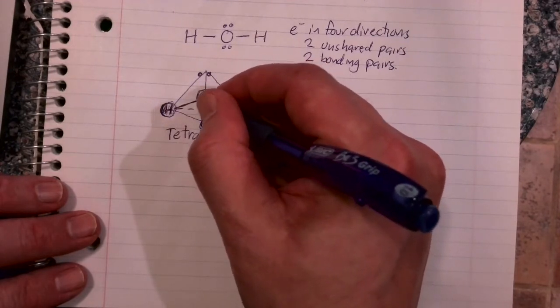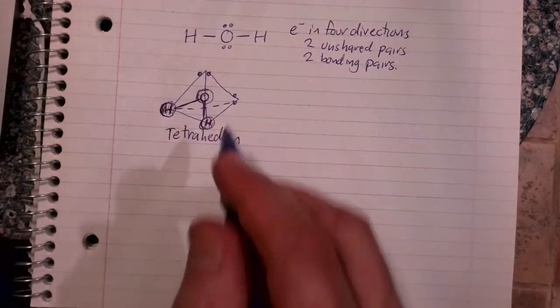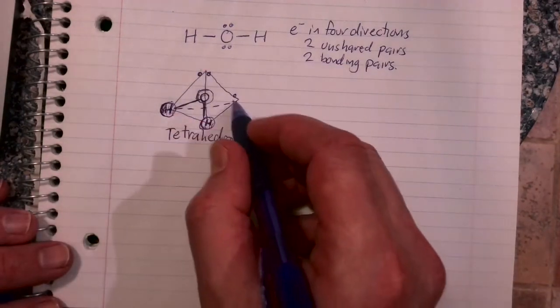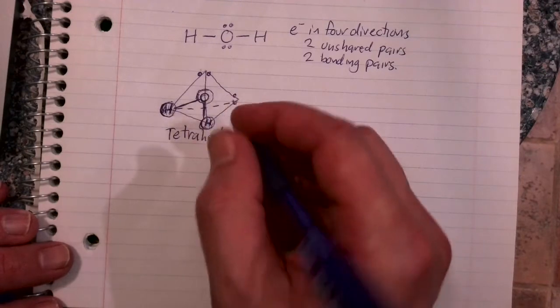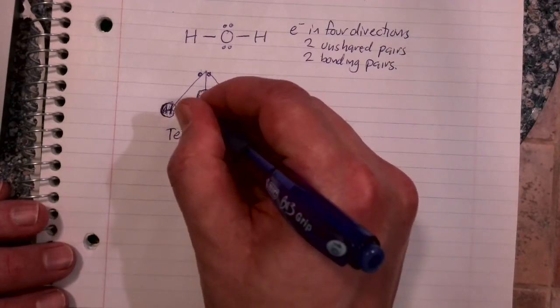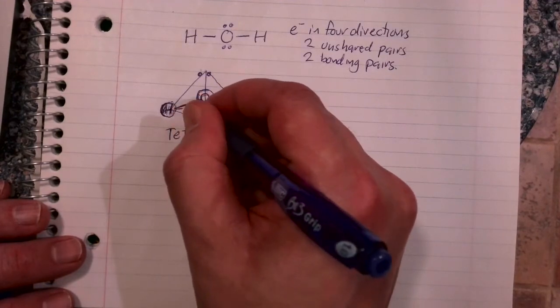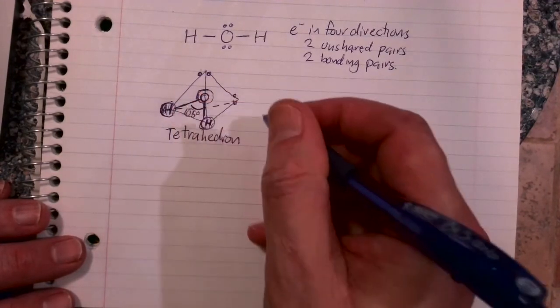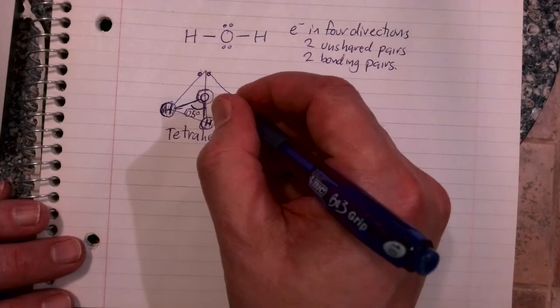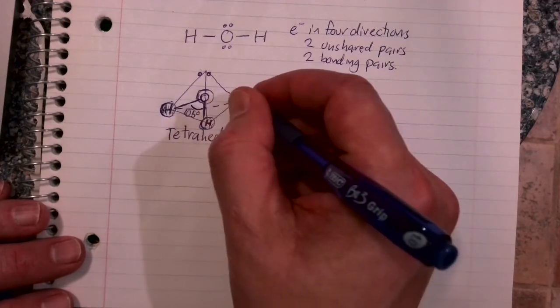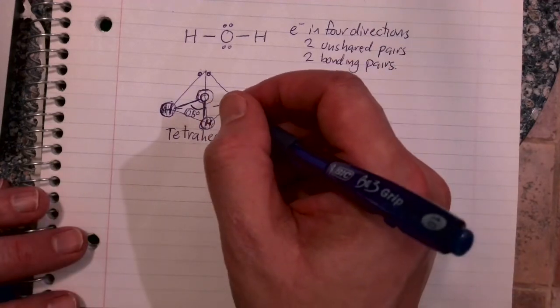And you're like, wait, bent seems closer together than linear. But don't forget, it puts the electron pairs much farther apart, right? So now it turns out that this angle between the electron pairs is about 105 degrees, right? And the angle between this pair and the electron pair is also about 105 degrees.